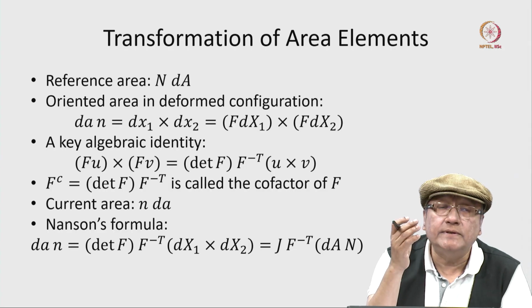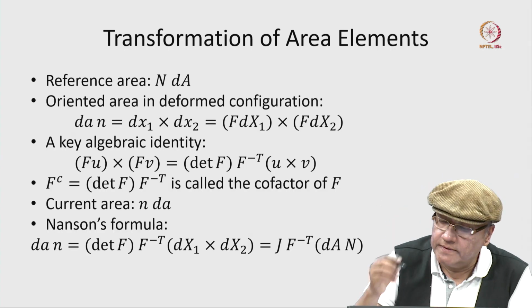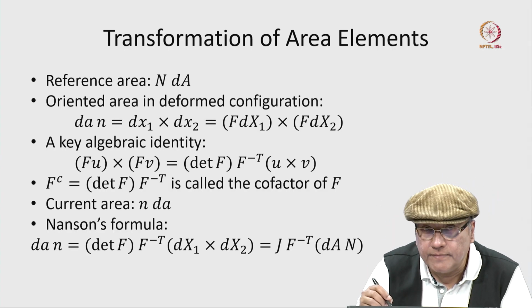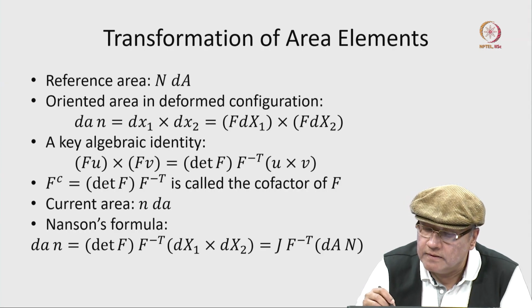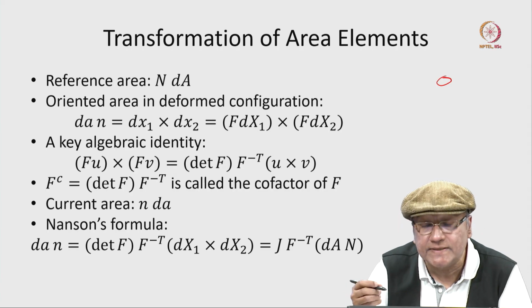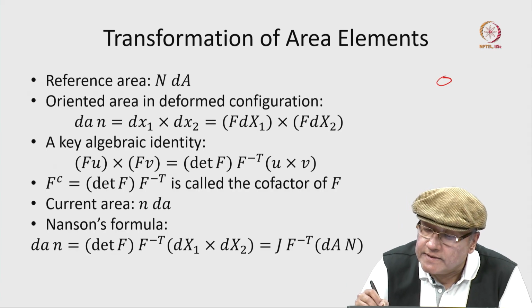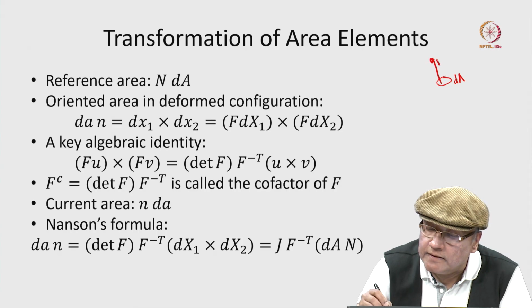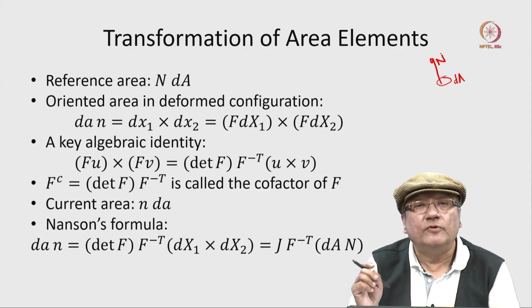So, you know that any small area element, think of a small area element somewhere. It can be denoted as well as represented. If this is a small area element dA, it can be represented in terms of the normal vector.